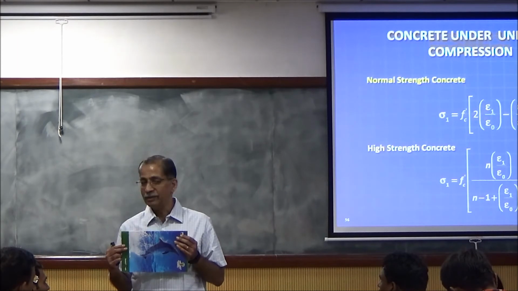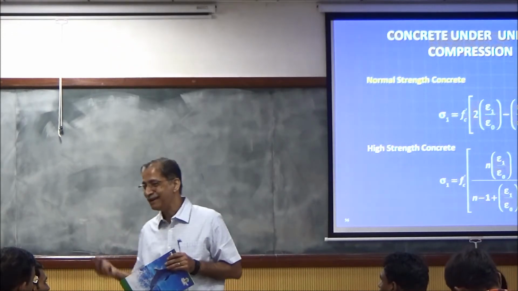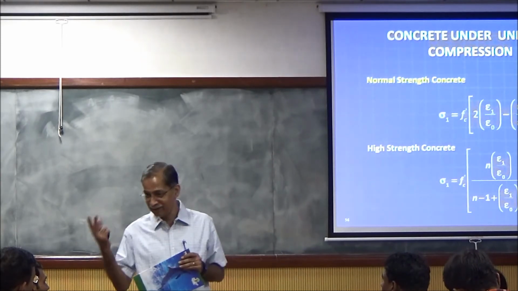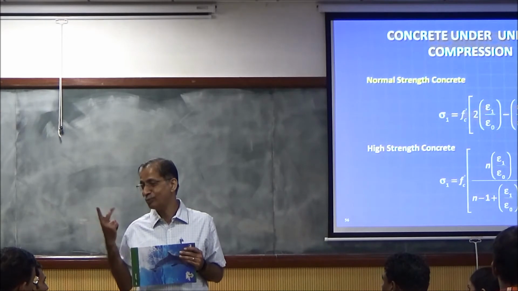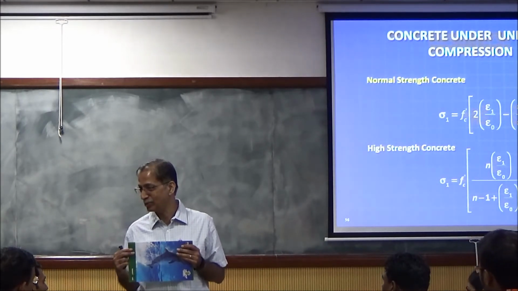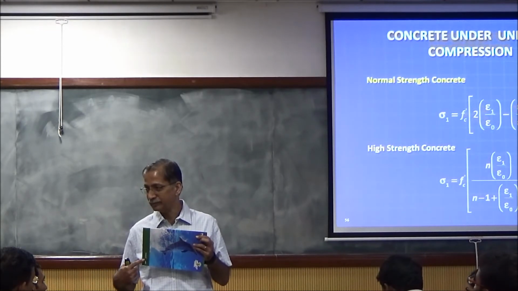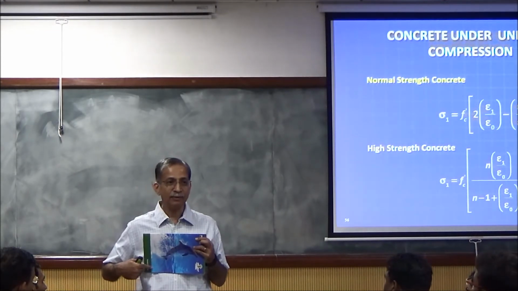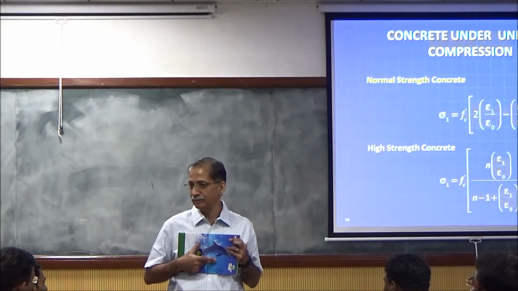Because that's why you have to use both parts of your brain. The left hemisphere is the logical, rational thing. The right one is the intuitive thing. The right one they say is feminine, whatever it is. Why will it crack like this? Whenever you say crack, you should know that there is tension normal to the crack.